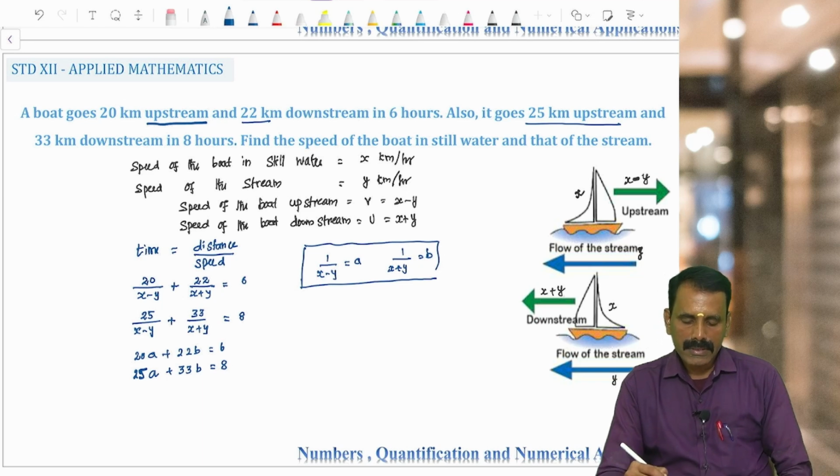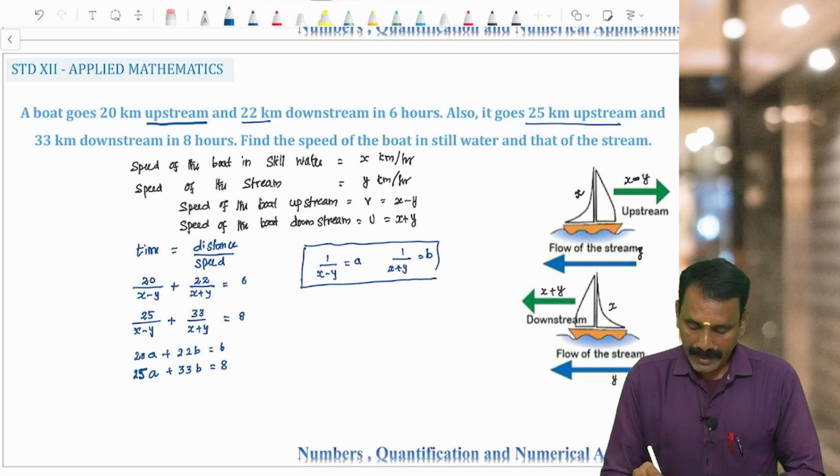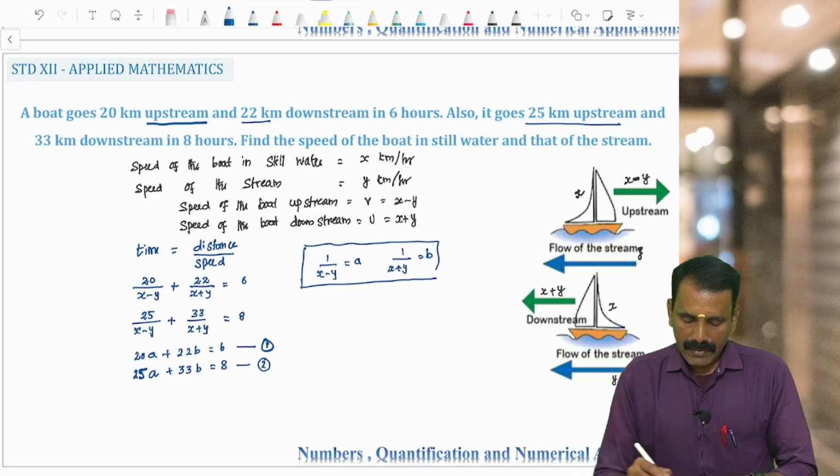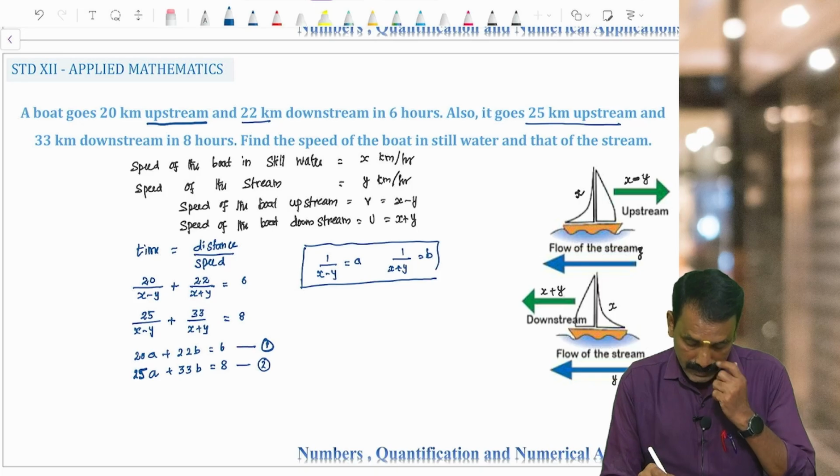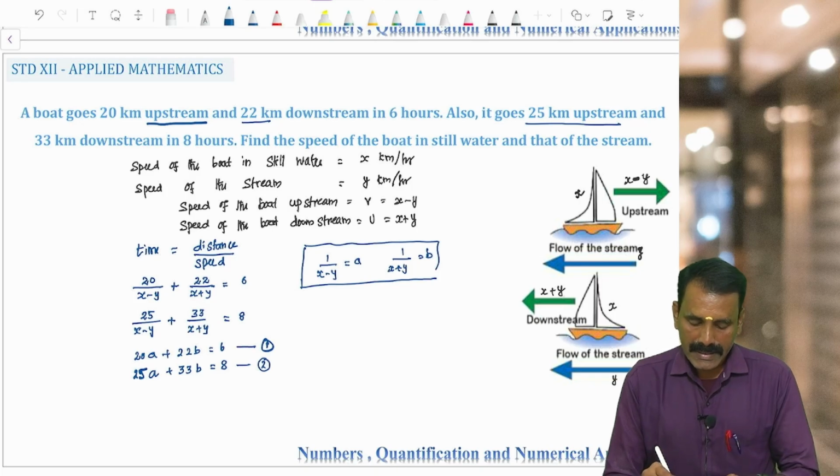We have to solve this equation. We take the first equation, 20a plus 22b, and 25a plus 33b as second equation. Okay, here we are having 20 and 25. Try to cancel the term containing a. So I take LCM for 20 and 25. It turns out to be 100.